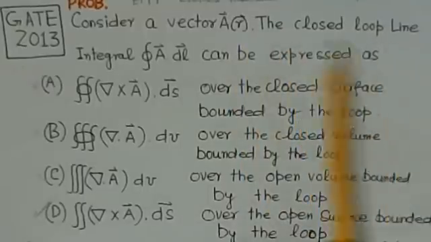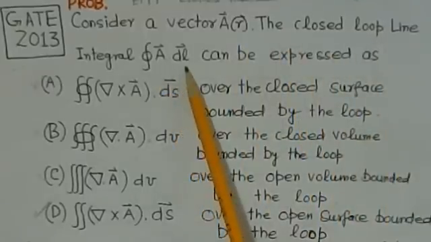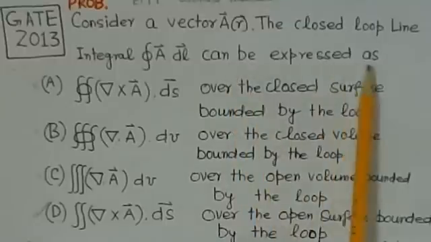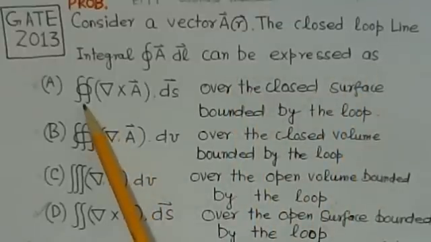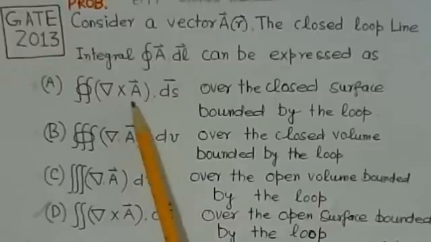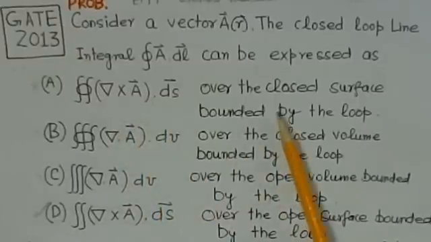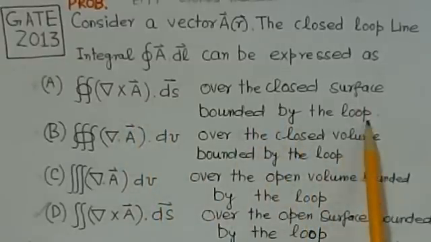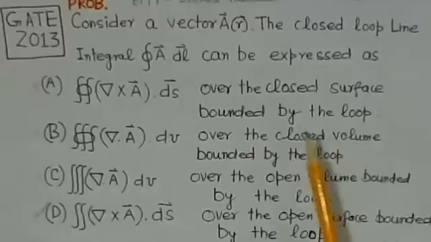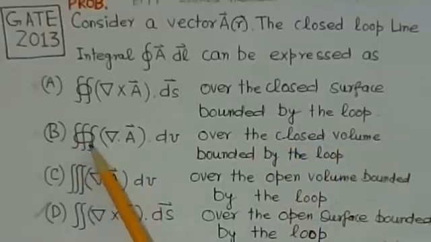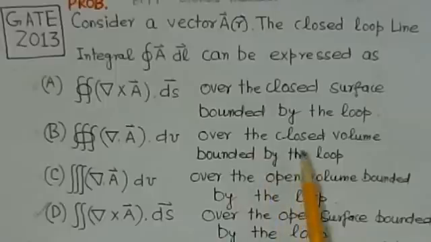The closed loop line integral A dot dl can be expressed as: A, the closed surface integral del cross A dot ds over the closed surface bounded by the loop. B is the volume integral over the closed volume, divergence A dv, over the closed volume bounded by the loop.